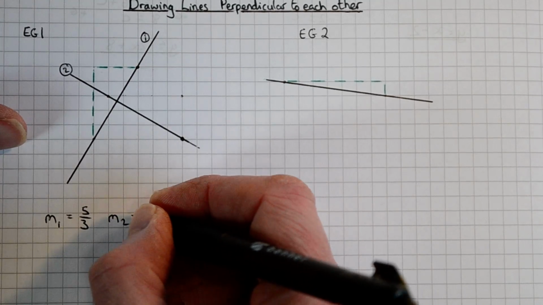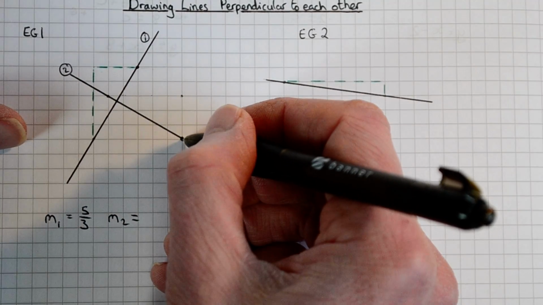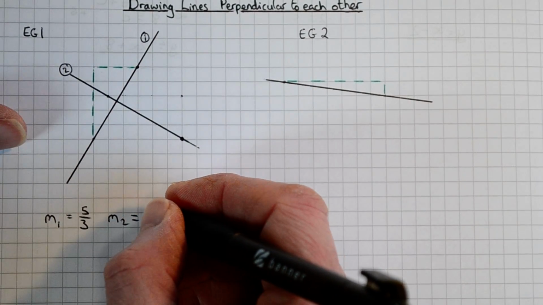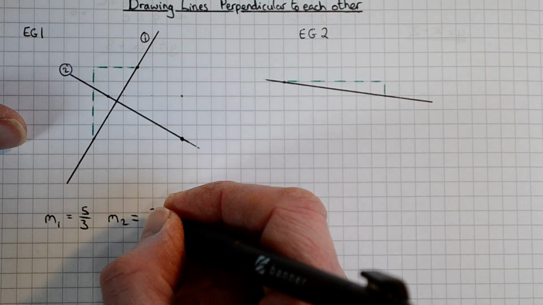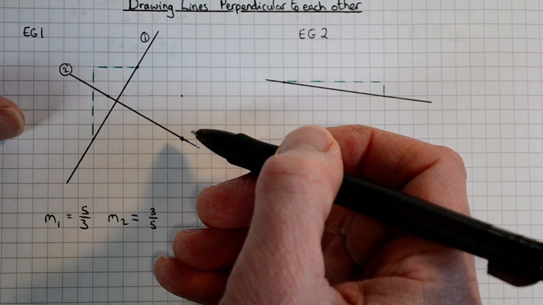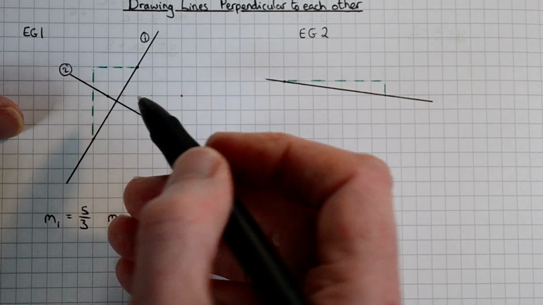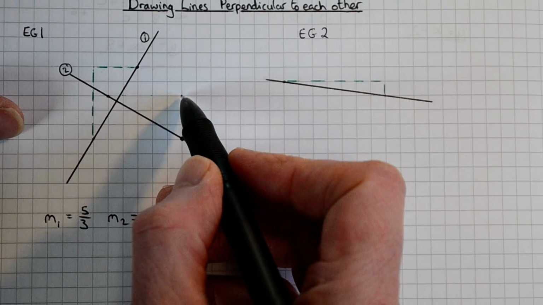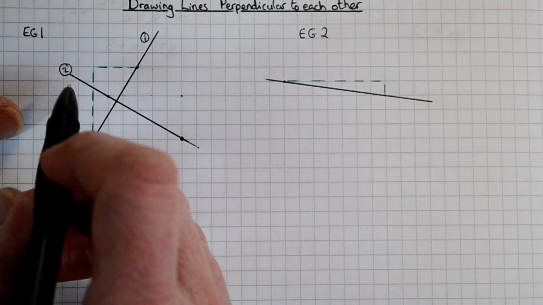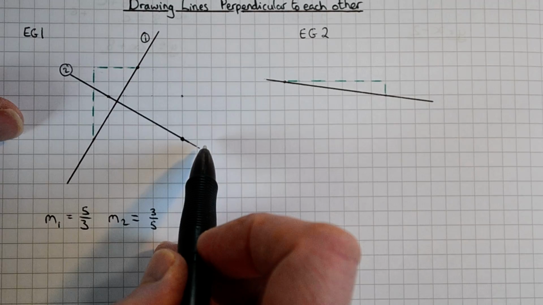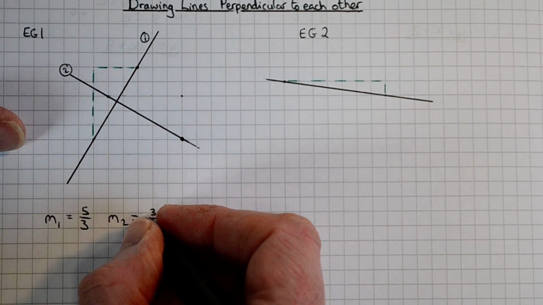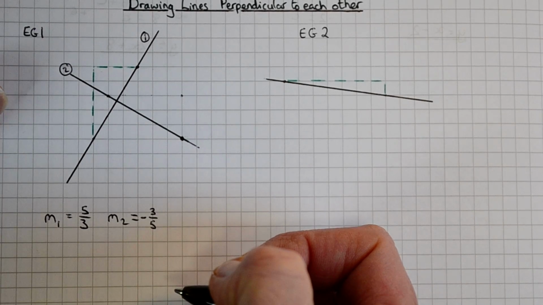Gradient of line 2, so that was up 3 and across 5, so rise over run. But notice on this one that if we choose one point and work from left to right, we go across 5 but then down 3. We can see the line going downwards as we go from left to right, so it's a negative gradient. So there you go, that's our first pair.